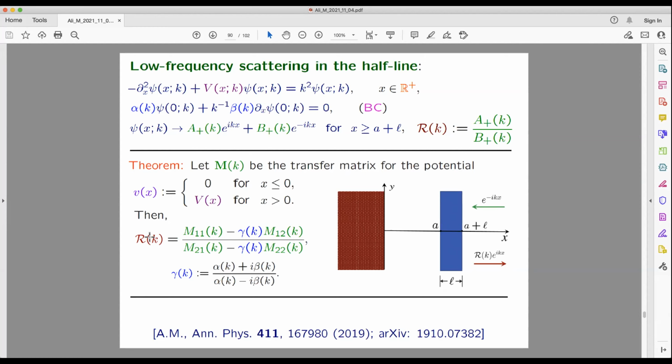So you see, if you can solve the scattering problem on the full line, you have solved the scattering problem on the half-line. It's a mapping of a problem from half-line to full line and then going back. This gamma is just the ratio of alpha plus i beta to alpha minus i beta. Alpha and beta should be given to me because I should know the boundary condition at x equal to 0.